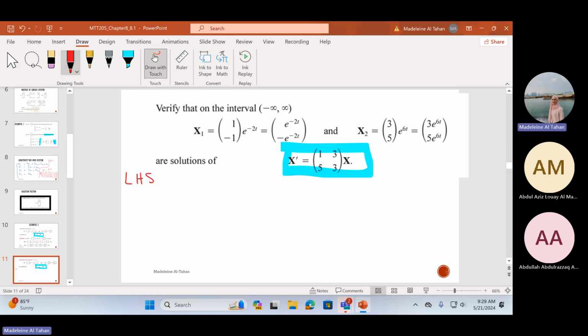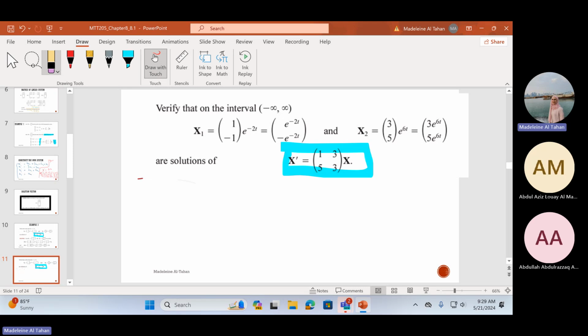Left-hand side. Right. Which is x1 prime. So what do we need to find? x1 prime and x2 prime. Find x1 prime. First of all, we want to show that x1 prime is a solution. We need to show both of them that they are a solution.